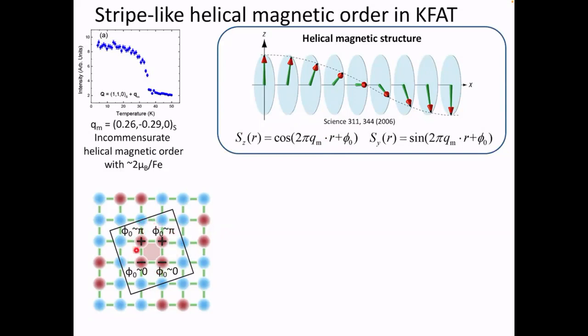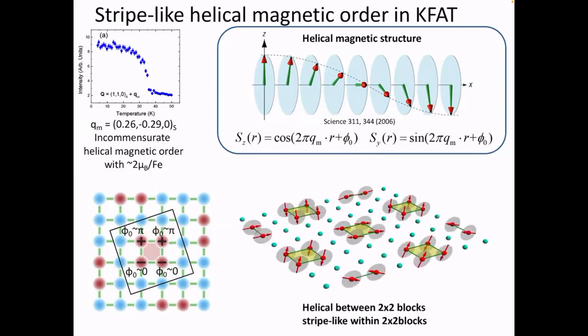And if this phase factor forms a stripe type configuration, then what happens is that when you look at the structure overall, even though when you look at the same site across the whole crystal, it's actually modulated in a helical fashion, when you look into each block, they actually form this stripe-like configuration within each block.